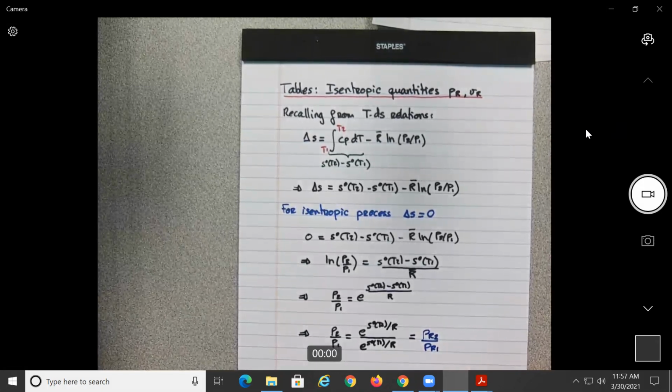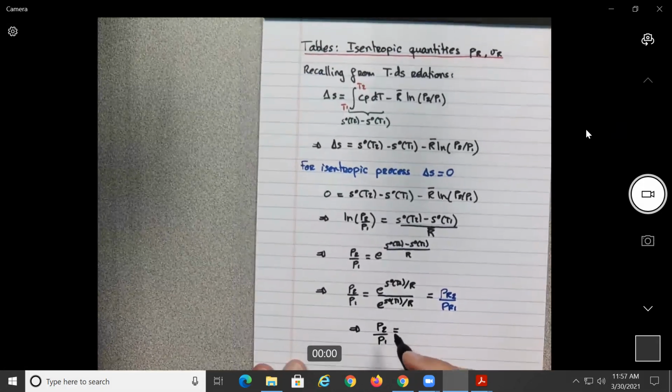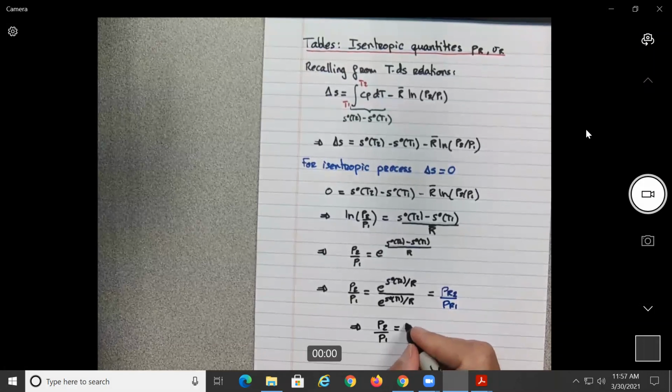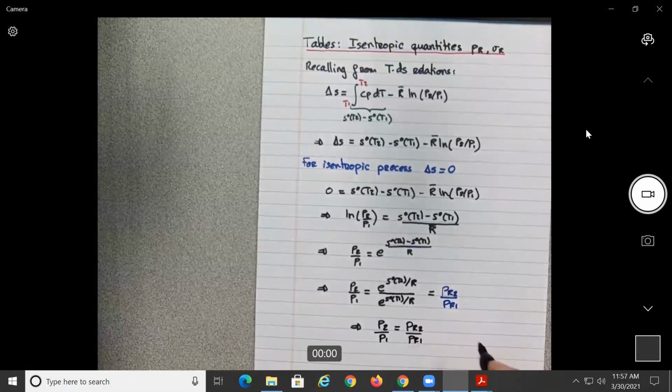So basically at the end, what we have is a relation that relates the ratio of the final pressure to the initial pressure to PR2 over PR1.